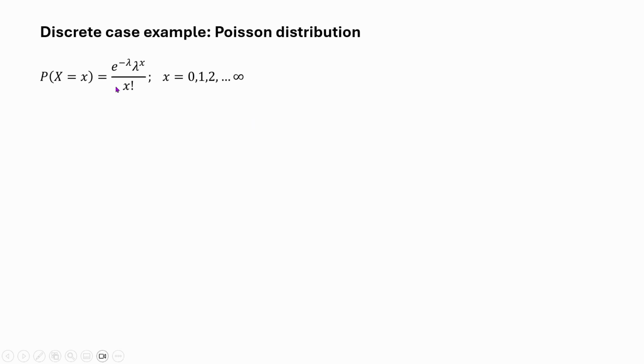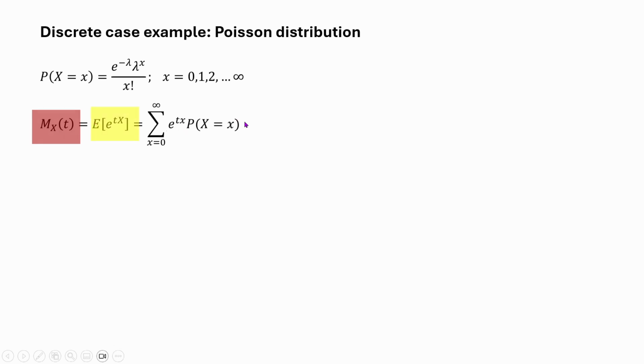Okay, fine. Now, we know that the mean of this PMF, or probability mass function, is nothing but lambda. But let's try to now generate this mean lambda using the moment generating function. So first of all, let's produce the moment generating function M_X(t), which is this.